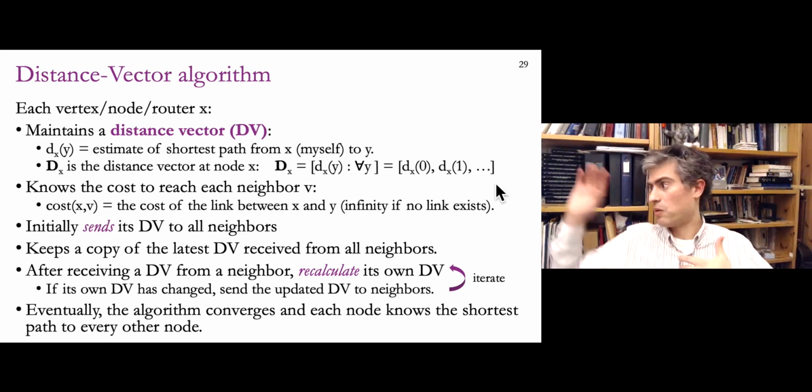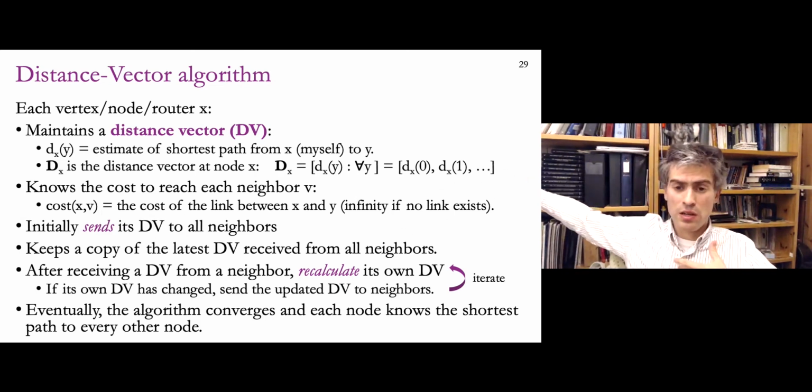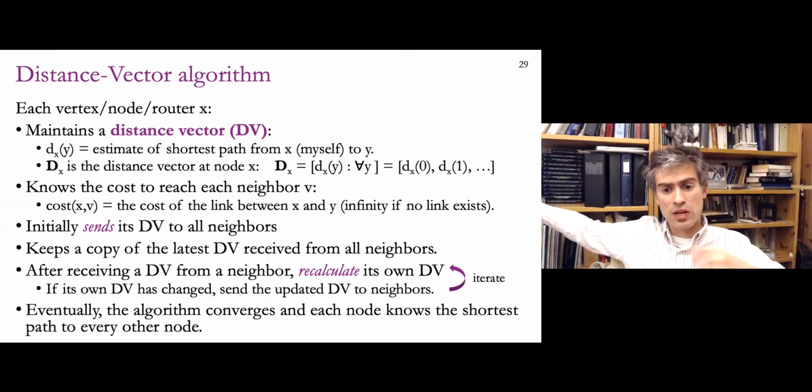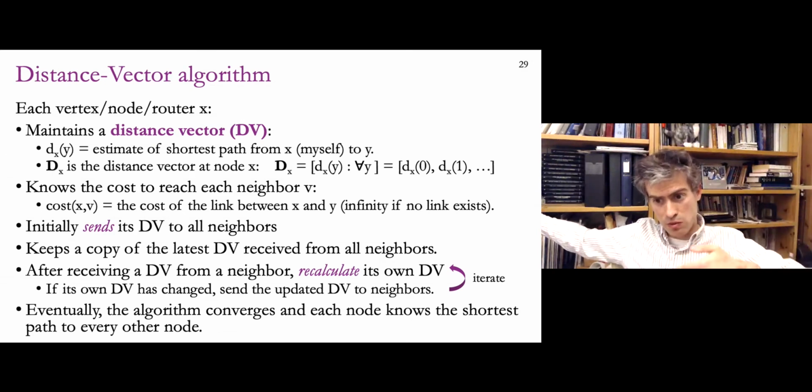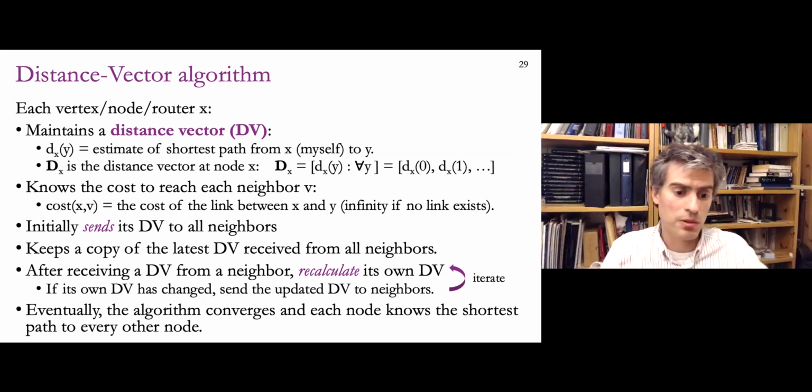So if I know I can reach this destination in cost 3, and you can reach me in cost 1, when I tell you I can reach that person in distance 3, then you know that you can reach that person in distance 4 if you go through me, across that link of cost 1 plus the 3. That's a simple kind of addition you can do.